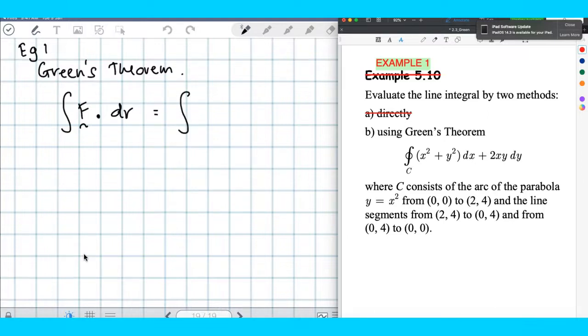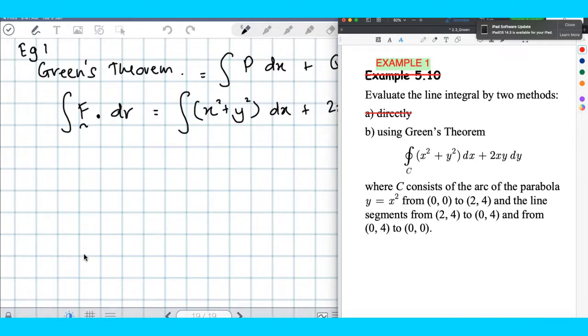So we have x squared plus y squared dx plus 2xy dy. Since they give it to you in this form, you have to know this one is p dx plus q dy, because afterwards you have to differentiate p and q with respect to x or y.